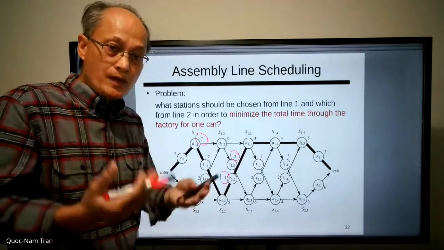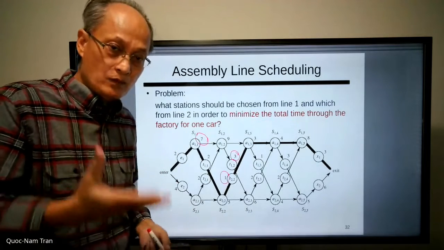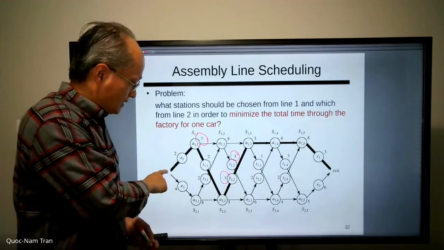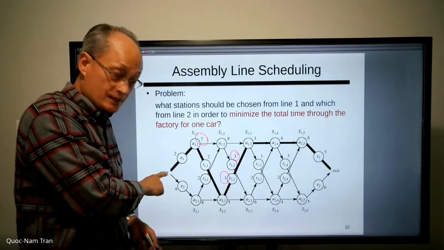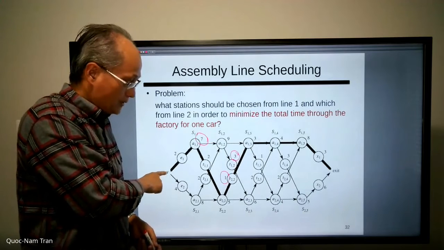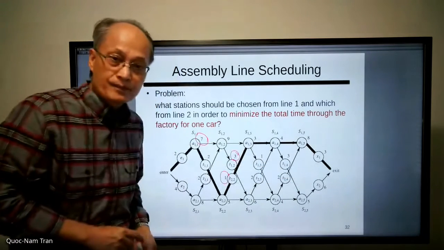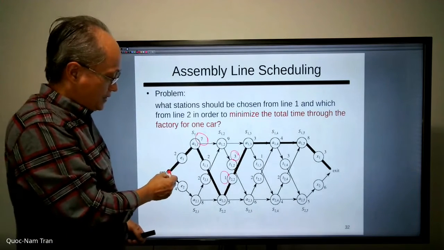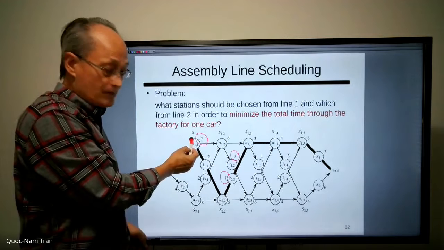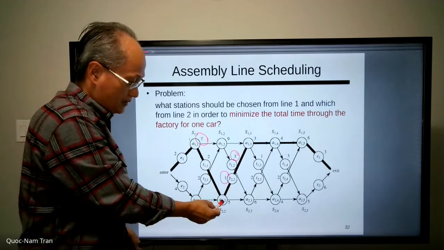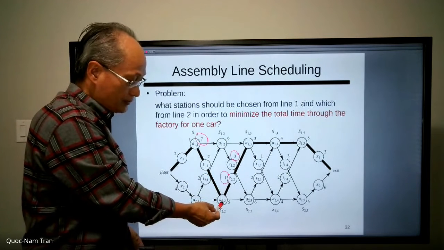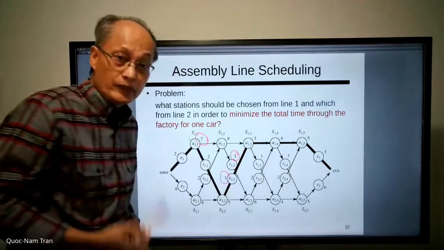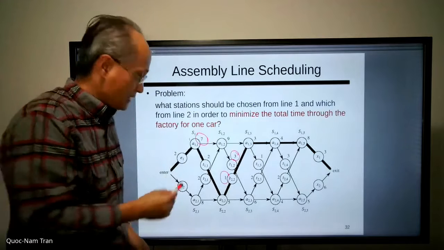So we want to find out the best way or the optimal way to send a new chassis from entering to exit. For this particular example, if we go station 1 assembly line 1, go to station 2 assembly line 2, go back, and then go out will give us the shortest time, right?